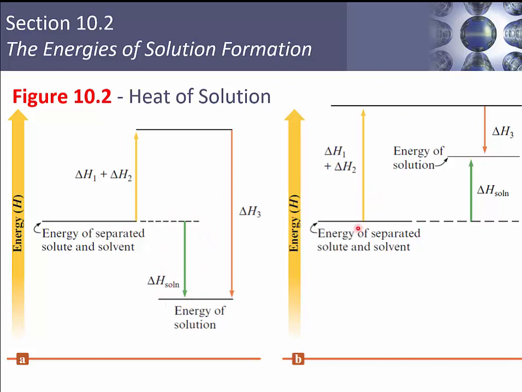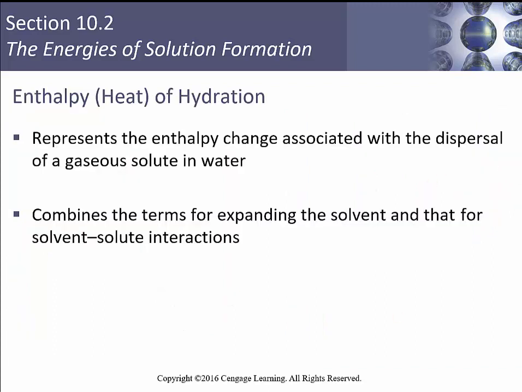It could be that you sum up H1 and H2, you break apart your solute, break apart your solvent, and recombine them, you allow those interactions between the solute and the solvent to happen, and it's not as much. You don't release as much energy, and so we have a net loss of energy. All right, so this would be something that would be a net endothermic reaction.